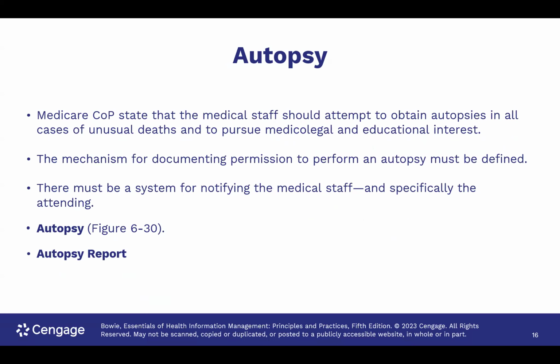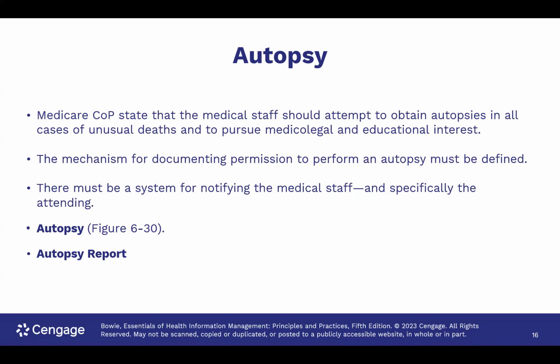And again, autopsies. Just because the patient died doesn't mean that nothing is documented. The medical staff attempts to obtain autopsies in all cases of unusual deaths to pursue medical, legal, and educational interest. What that means is looking at what happens so we can provide better medical care.